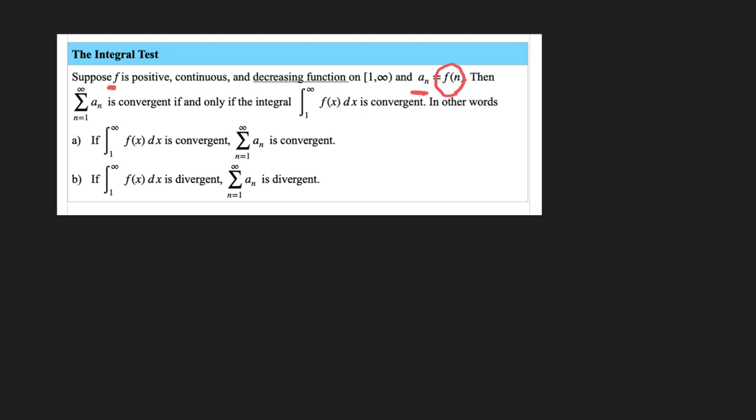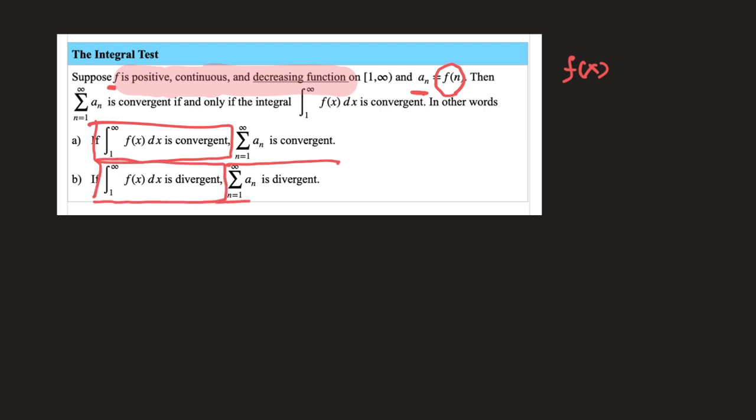The function f of x must have specific conditions: positive, continuous, decreasing. Then we calculate the improper integral from 1 to infinity of f of x dx. If it is convergent, this infinite series is convergent. If the improper integral is divergent, this infinite series is divergent.